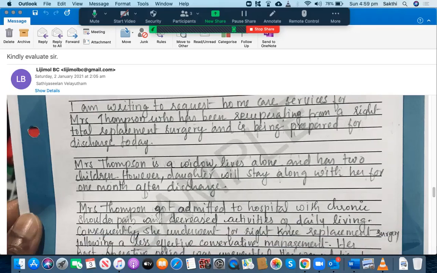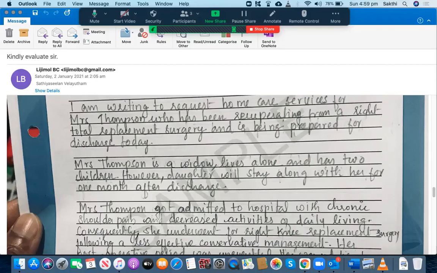So you have used, Mrs. Thompson is a widow, lives alone and has two children. That's wrong. As I already mentioned, it's better to use the main idea phrase in the beginning itself.